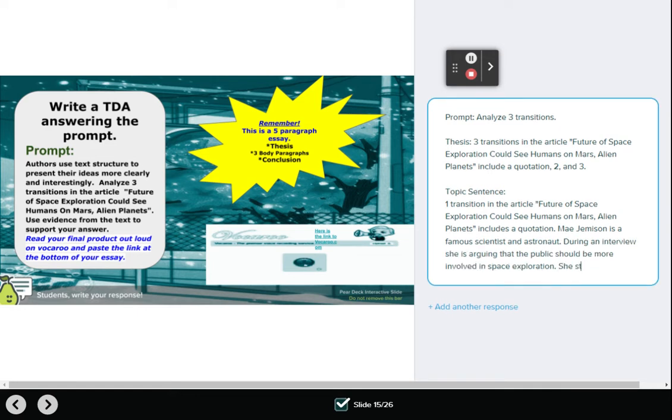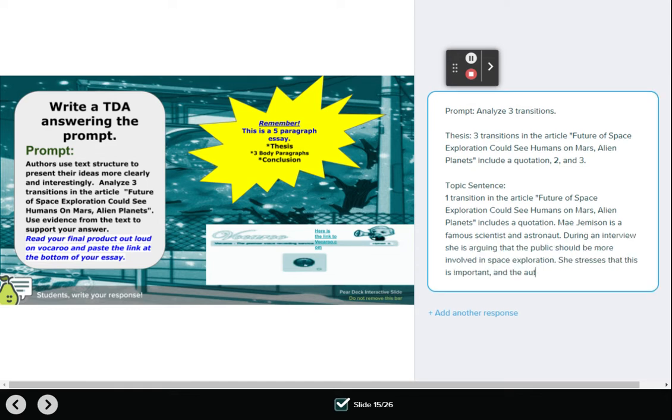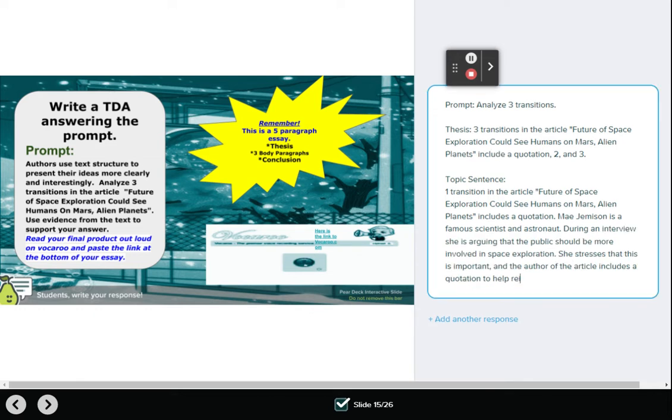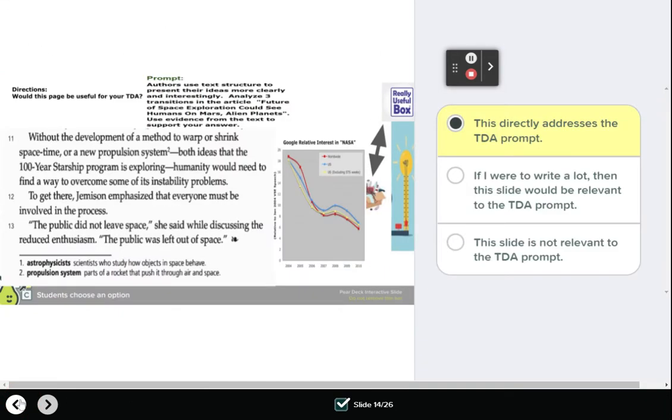She stresses that this is important, and the author of the article includes a quotation to help reinforce her argument. Let's go get her quotation.